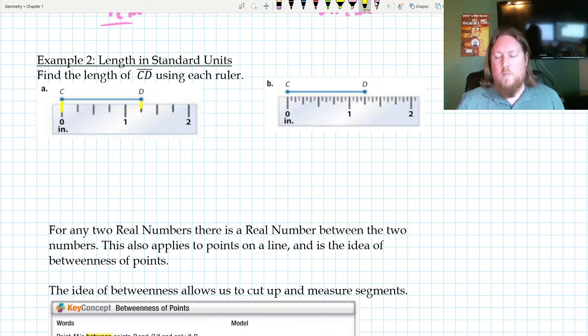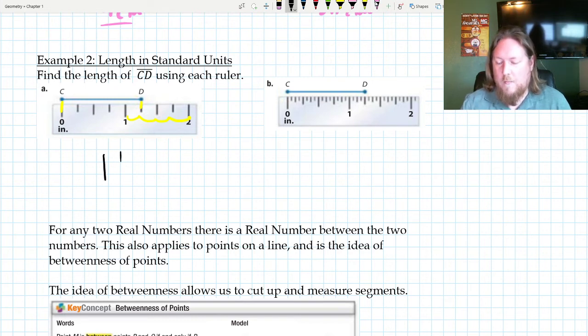So to figure out what fraction of an inch it is, I count how many of those marks there are, and it looks like it's 1, 2, 3, 4. That means this is one of those fourths. So my answer here is going to be 1 1/4 inch.